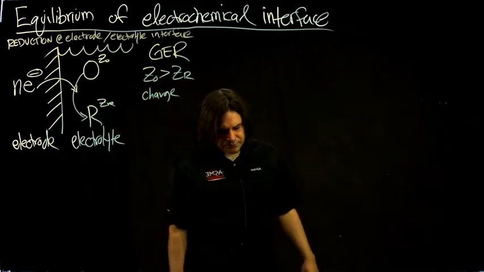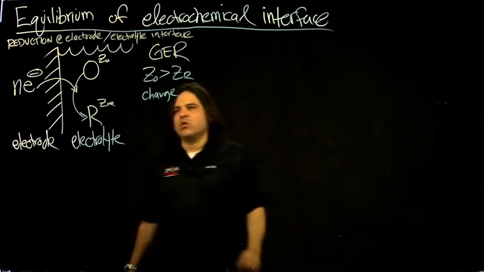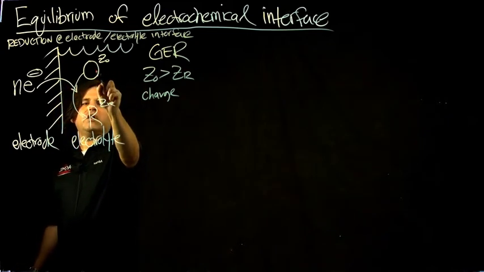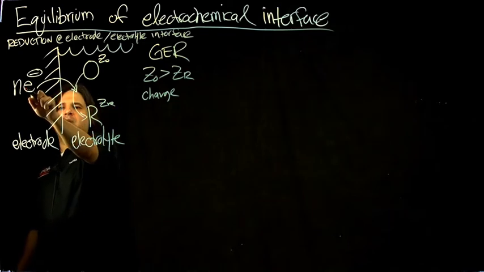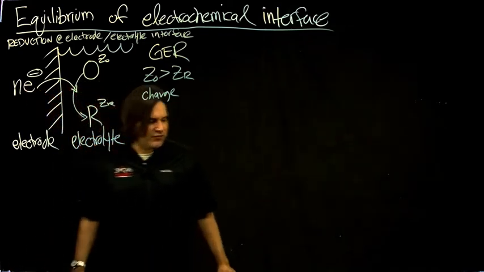Then how you can write this chemical reaction is that you have, starting from this O species at this charge, plus this number of electrons, creates this R species at a different charge.